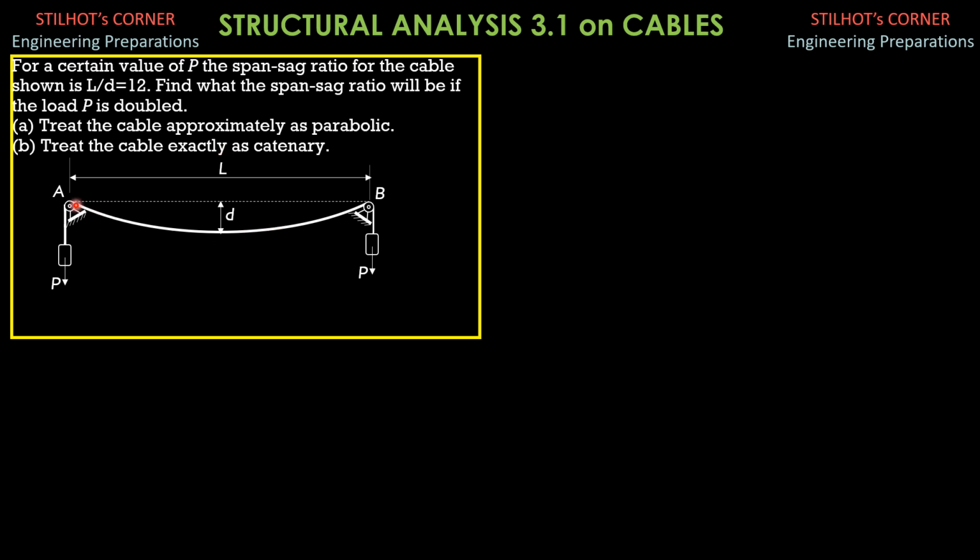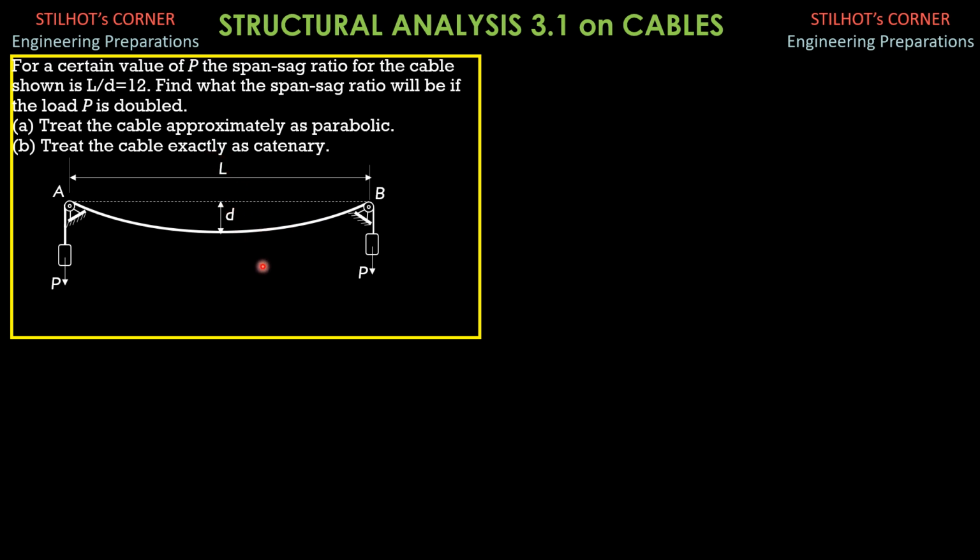The supports are symmetrical. This P here would serve as the tension, and the horizontal component of tension is equal to WL square over 8D. Remember, we derived this. Then the vertical component, because of symmetry, is in general the uniform weight of cable times x, where x is L over 2 in this case.